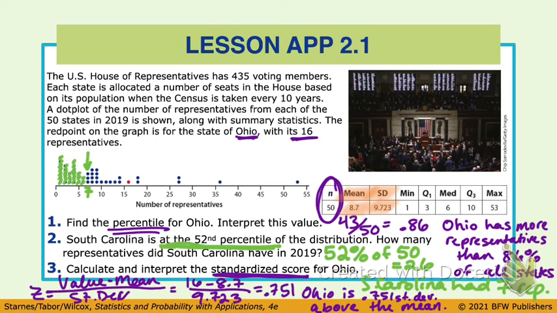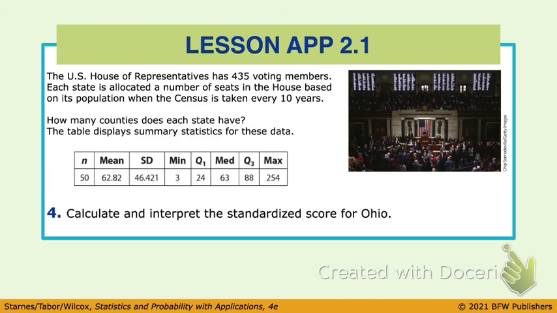All right, and the last question says, the U.S. House of Representatives has 435 voting members. Each state is allocated a number of seats in the House based on its population when the census is taken every 10 years. How many counties does each state have? The table displays summary statistics for these data.